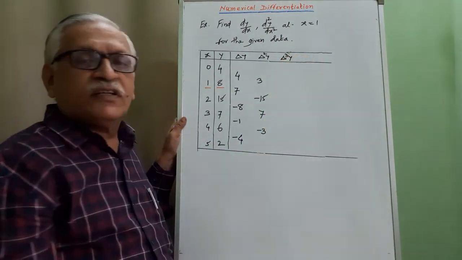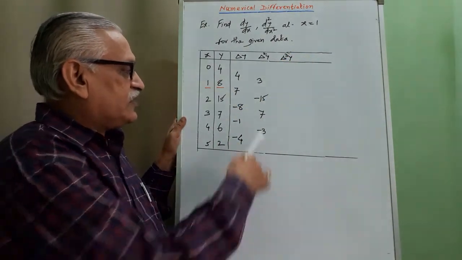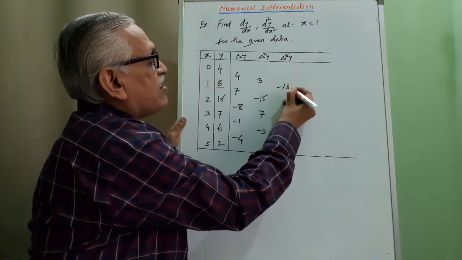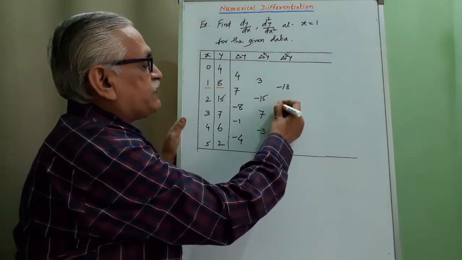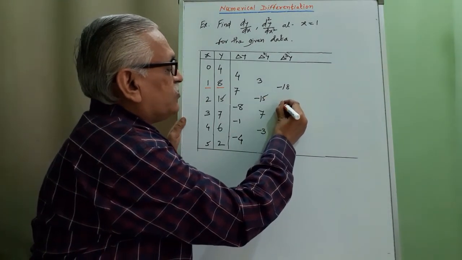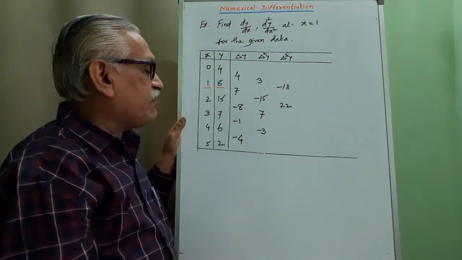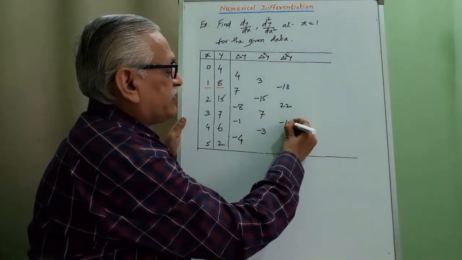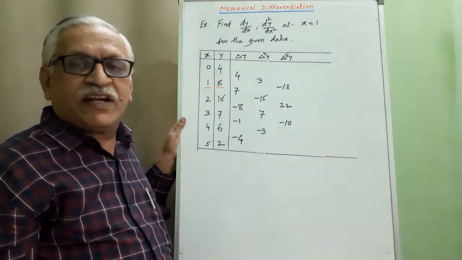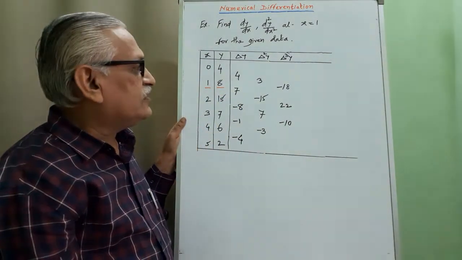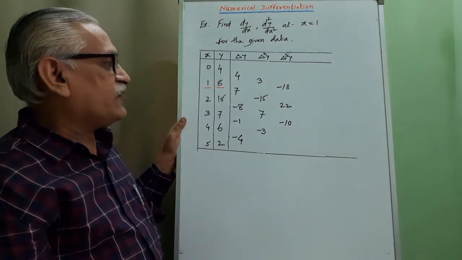Then third order difference is the differences of this difference. Therefore minus 15 minus 3 we get minus 18. 7 plus 15 we get 22. Then minus 3 minus 7 we get minus 10. We write the values in between those two values while writing the forward difference table.